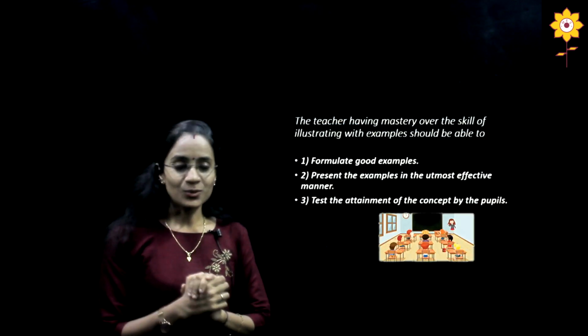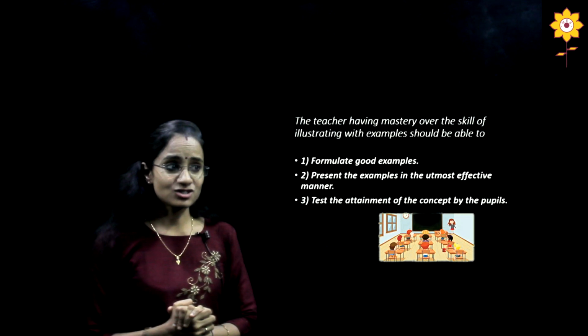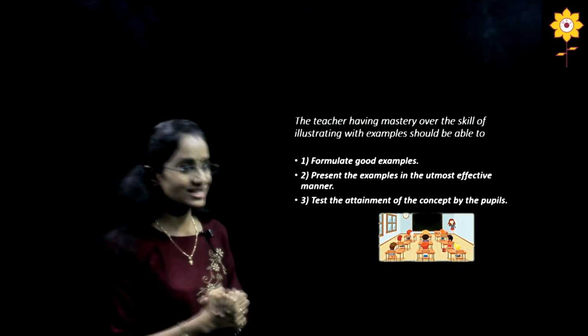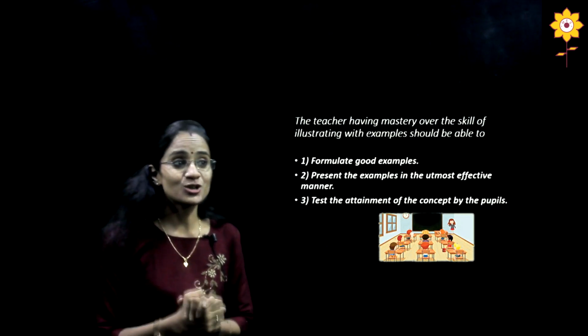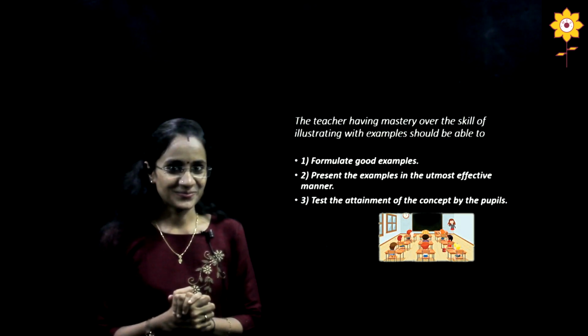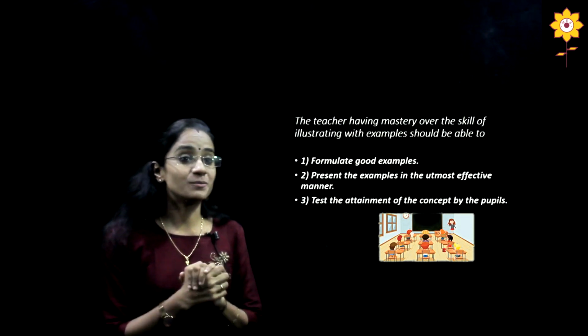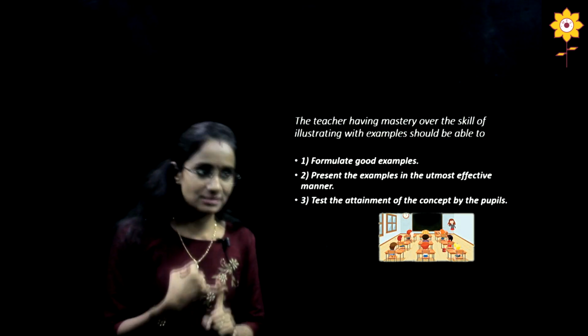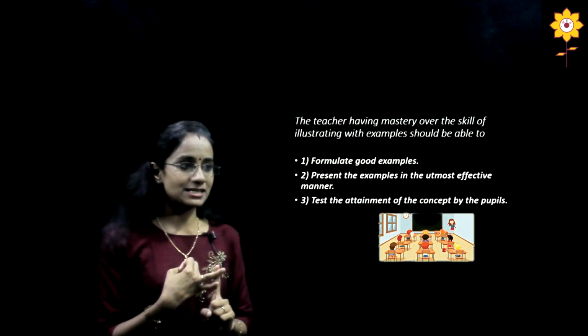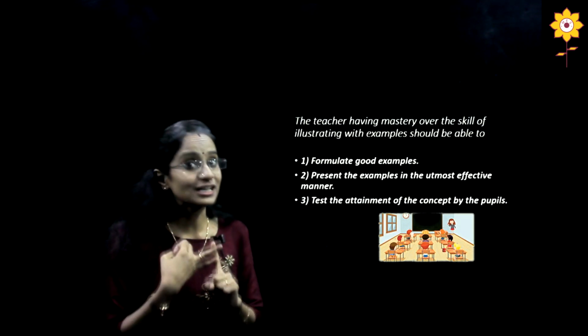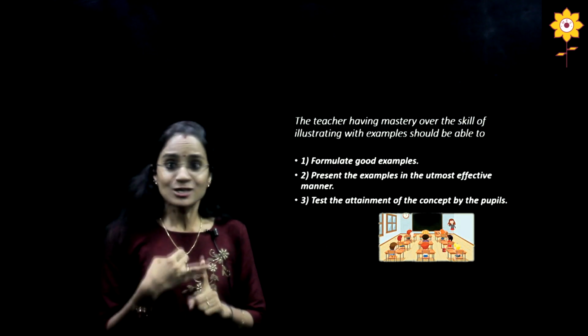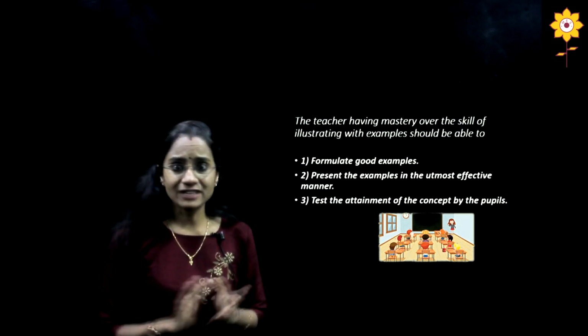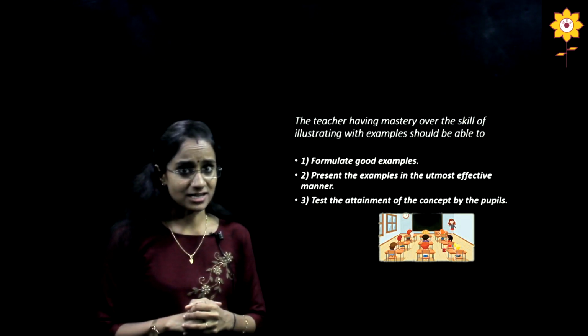Now, the teacher having mastery over the skill of illustrating with examples should be able to do what? She or he should be able to formulate good examples and present the examples in the most effective manner. Okay, that's very important. If you're just giving examples, what if the students are not understanding then?